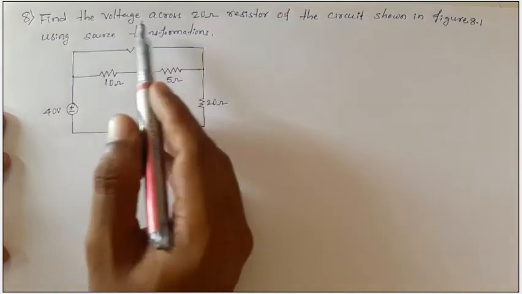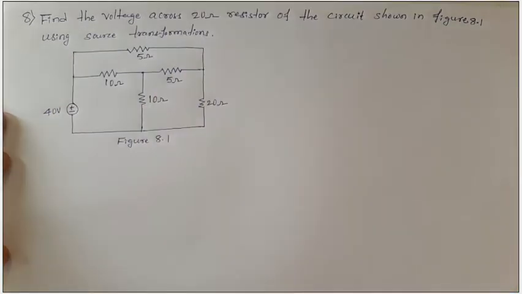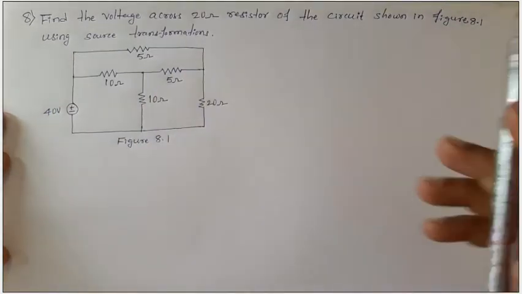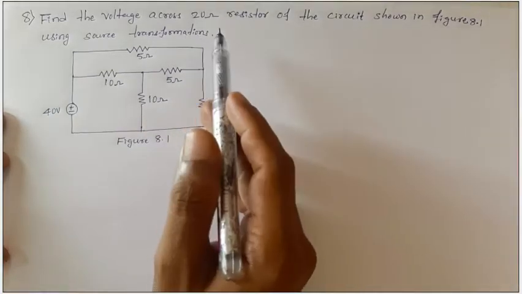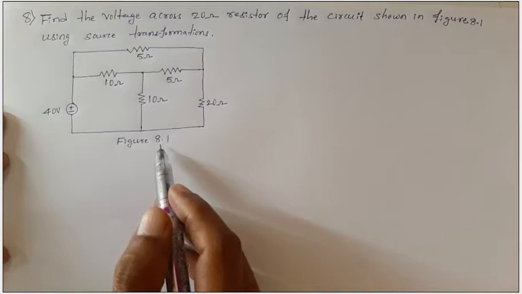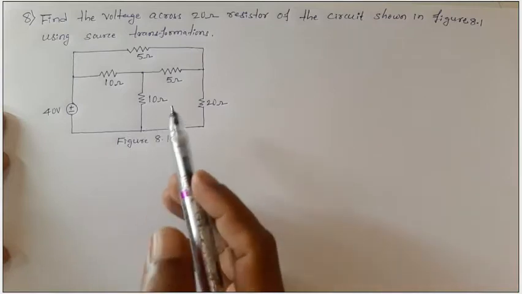Find the voltage across a 20 ohm resistor of the circuit shown in figure 8.1 using source transformations. This is figure 8.1. Dear students, here there is only one voltage source.